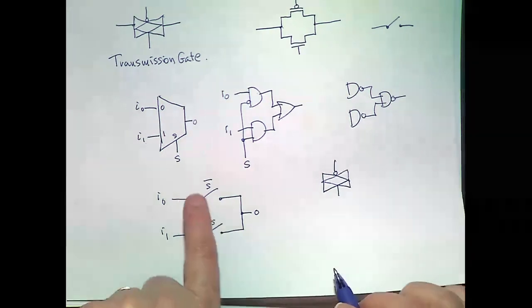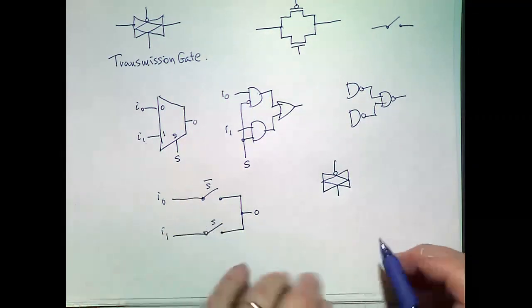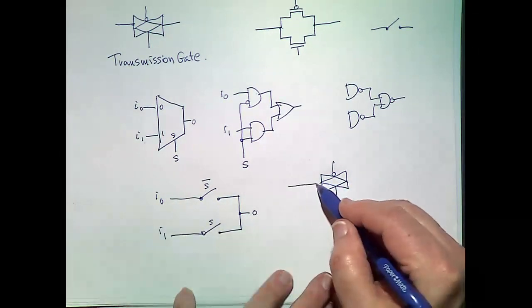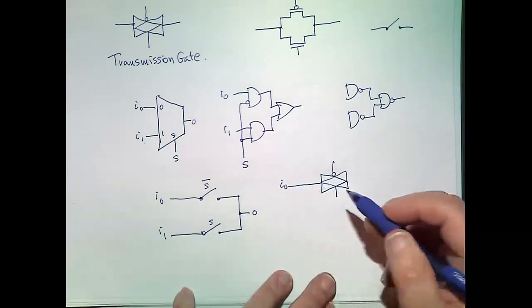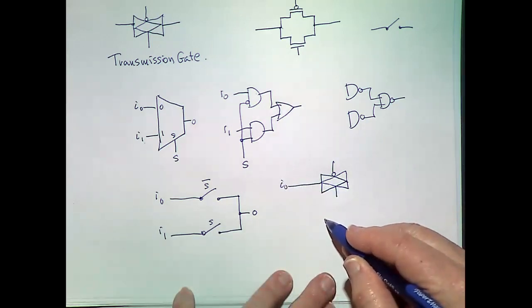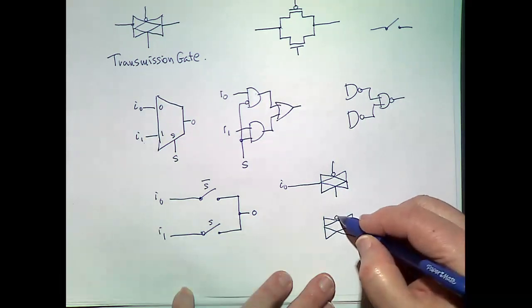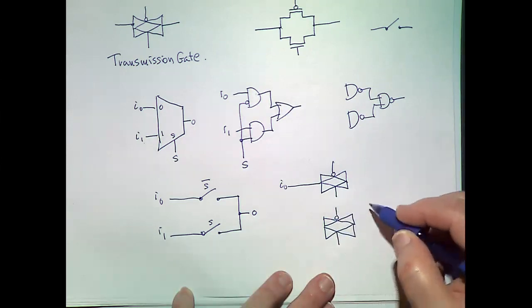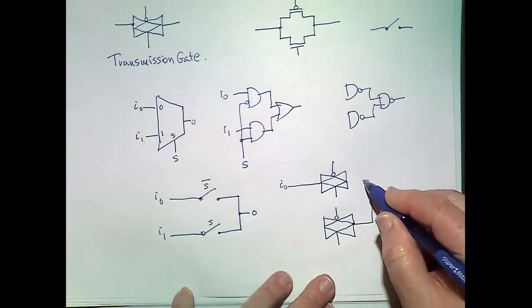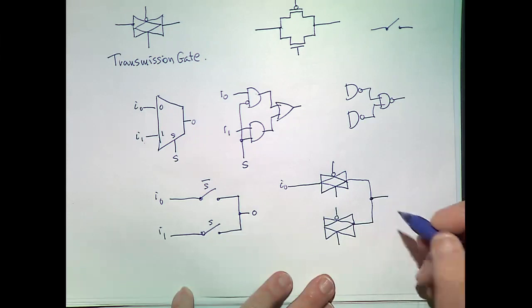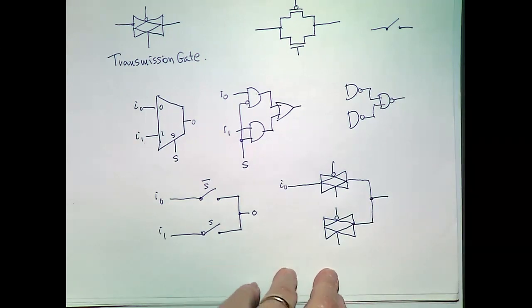So this one will be the switch for I0, and I'm going to connect I0 to here, and I'm going to have another one to send I1 through, and then I'm going to connect both sides. Now, we've never done that, connected two outputs together.